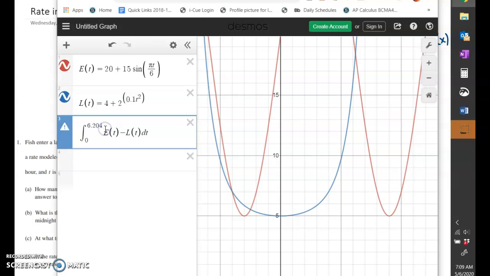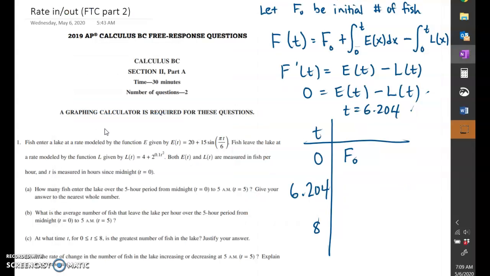It doesn't like it. And the reason it doesn't like it is because Desmos likes parentheses where they belong. We want that whole quantity to be subtracted before we multiply by dt. Okay, so that's going to be 135 more fish than what you had at the initial point. So this is going to be f of 0 plus 135 fish.